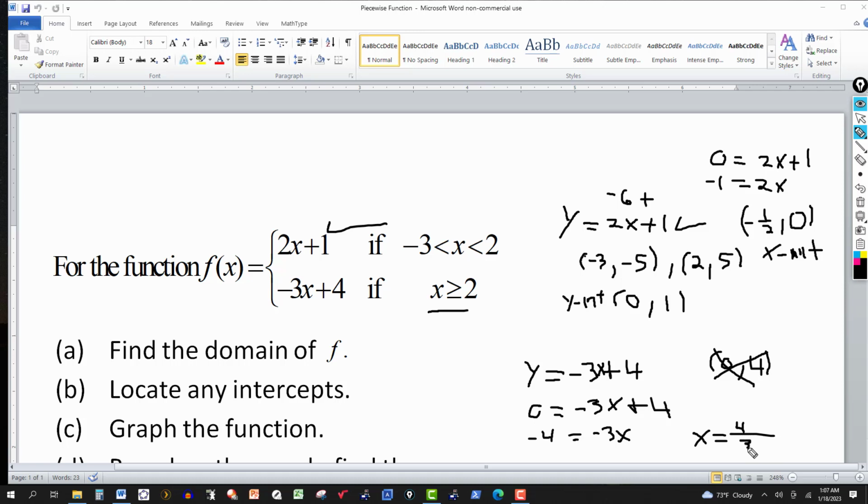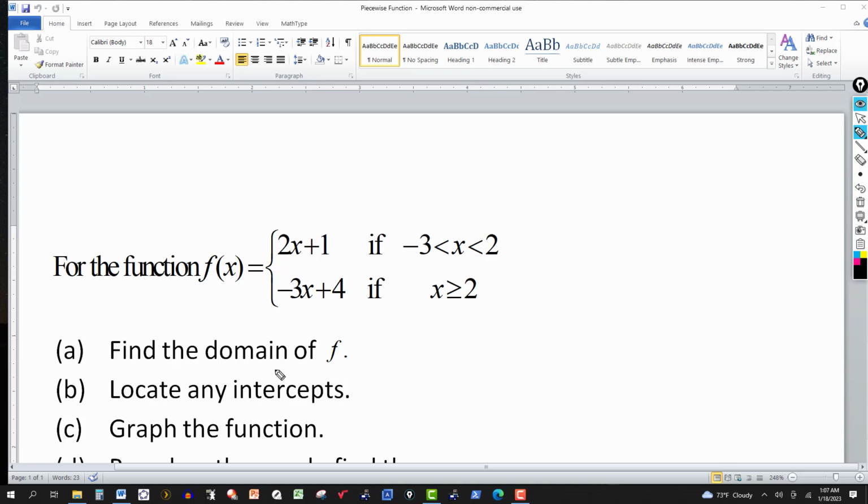So we have an x-intercept at (4/3, 0). But 4/3 is less than 2, so we don't use it for this section. So there we have the information we need, those are the details it's asking for.